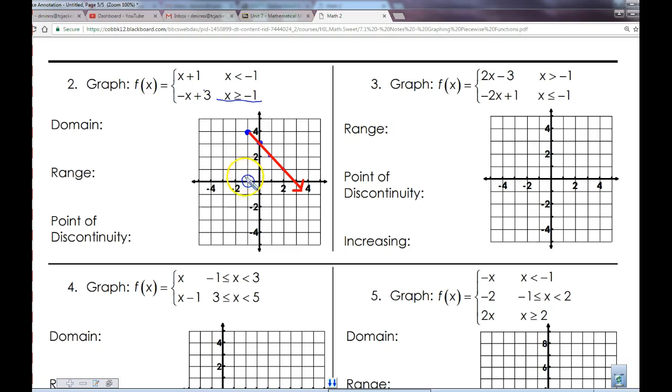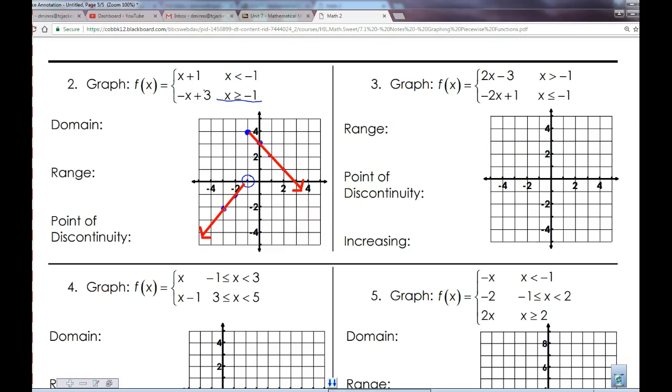So I can do the opposite of that. Starting from my point, I can go left 1, down 1, and that will give me the same effect as going up that way. Left 1, down 1. Something like that. And now I'm going to finish by drawing my graph just as so.